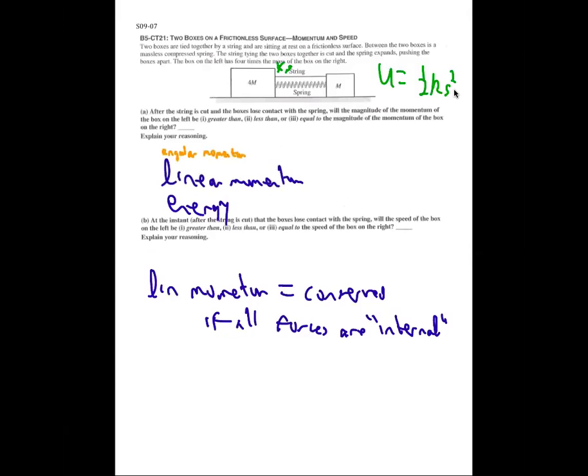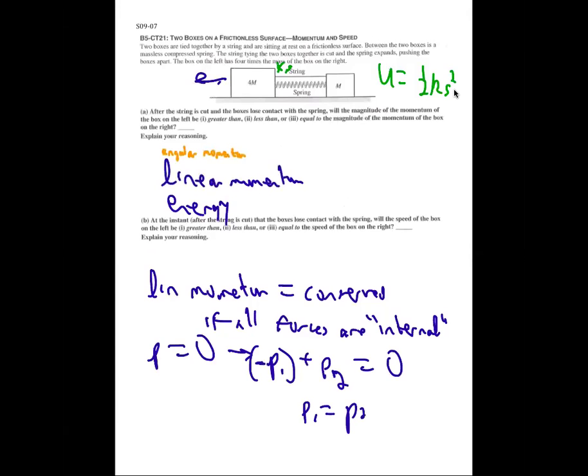So total momentum is 0, but the total momentum is the guy on the left plus the guy on the right. And I want to be a little careful here, so I'm going to put him as minus to indicate the fact that he's moving that way. So that has to be 0, which tells us that the two momenta have to be equal. They have to be equal in size, but opposite in direction.